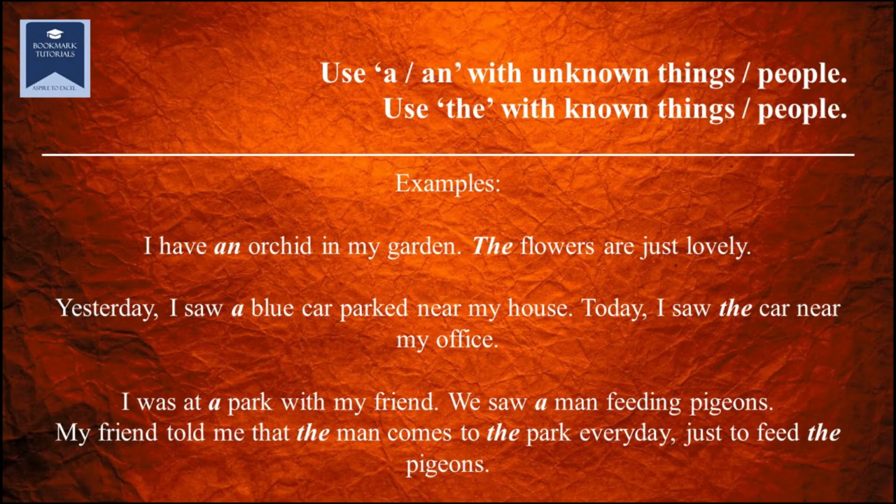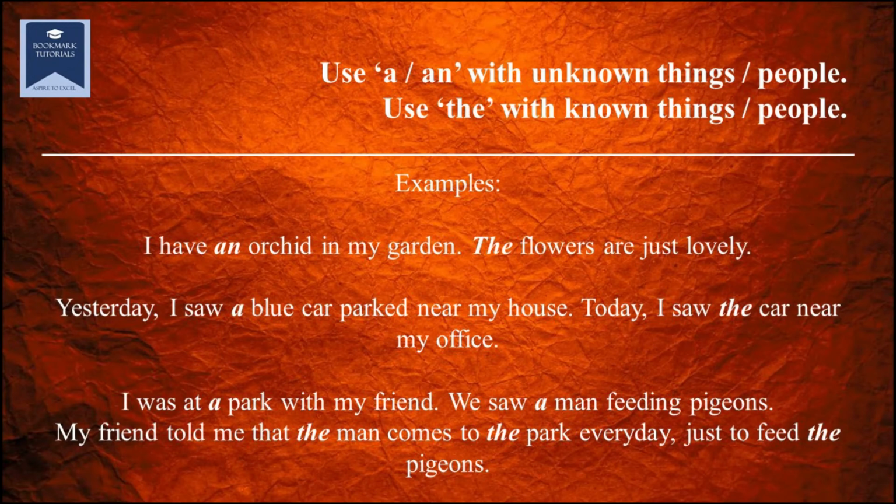The articles a and an are used with unknown things or people, or when you are first introducing something in a conversation, whereas the is used with known things or people. That is, it is used once you have already introduced the thing into your conversation.